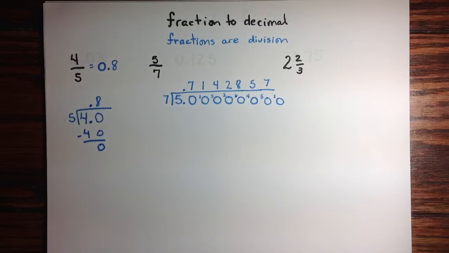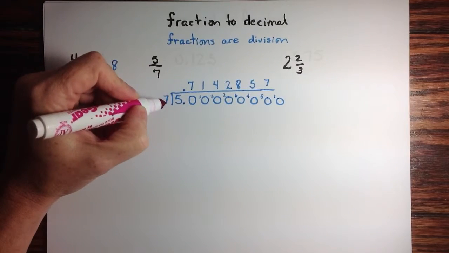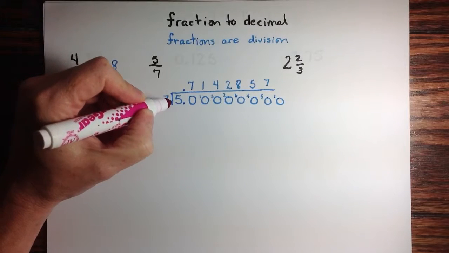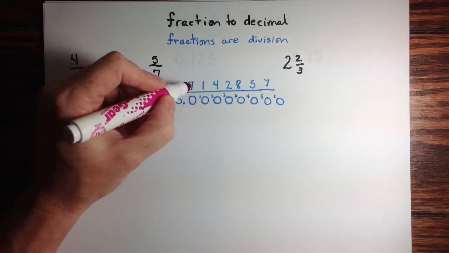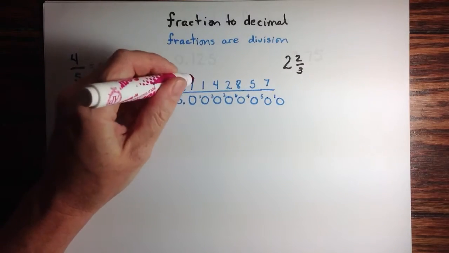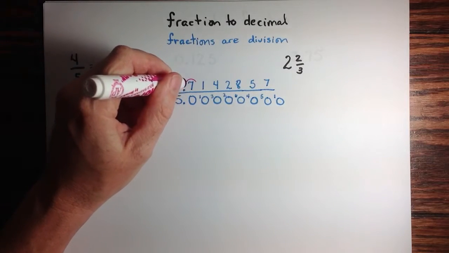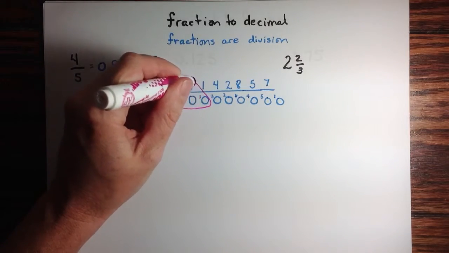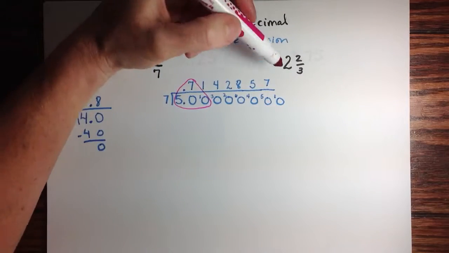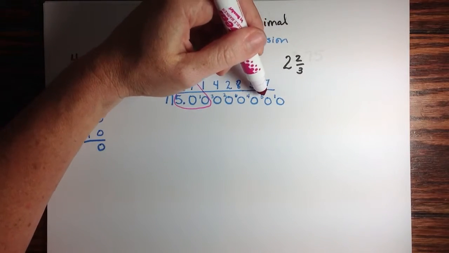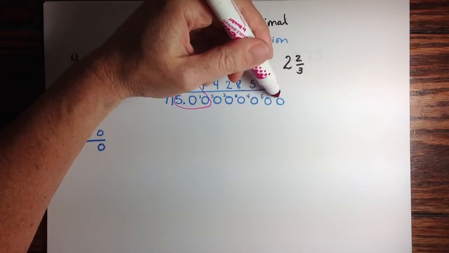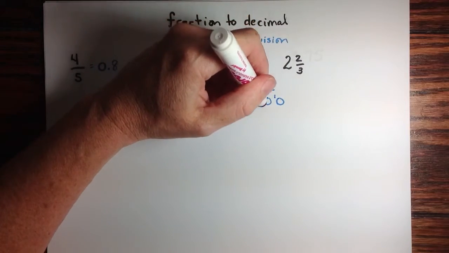So we're going to stop here for a minute because I want to point out something that's happened. When we first started the problem, we were dividing 7 into 50, getting 7 with a remainder of 1. And if you look down here, we have the same thing happening. 7 was divided into 50, and we had a remainder of 1.